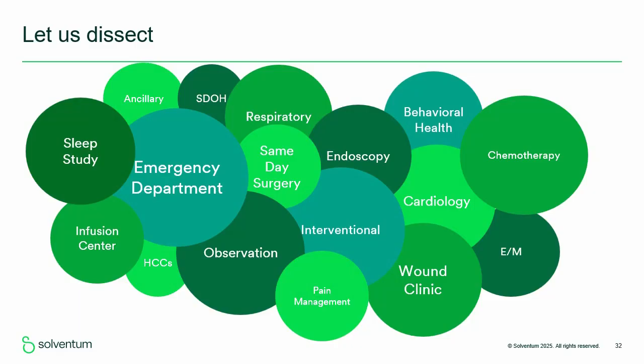These are just some examples of the service lines that we have metrics that have been created for. A lot of different service lines can help surface opportunities for your revenue cycle. So again, we're looking at procedures, we're looking at the way that codes are being reported on the claims, your devices, your diagnoses. Where do your opportunities lie?